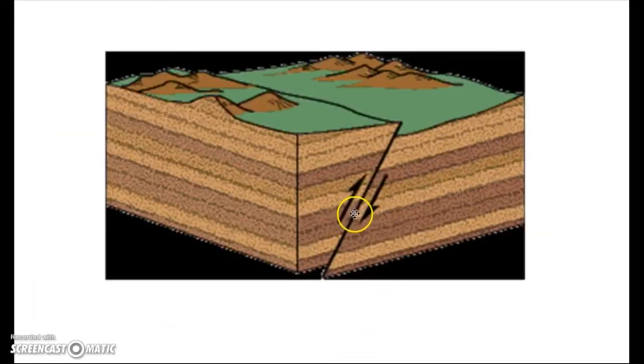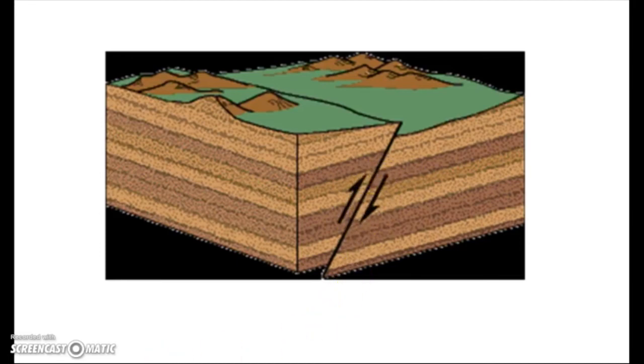In this case, you have to decide which of these two rocks is overhanging. So try to think of it for a second. Which of these two rocks is over the fault? Once you figure that out, which one has it slid up or has it slid down? Has the overhanging rock gone up? Is it this one and it's gone up, or is it this one and it's gone down?